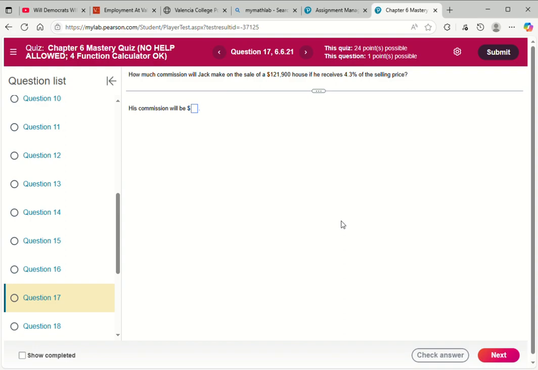Question number 17 says, how much commission will Jack make on the sale of a $121,900 house if he receives 4.3% of the selling price?